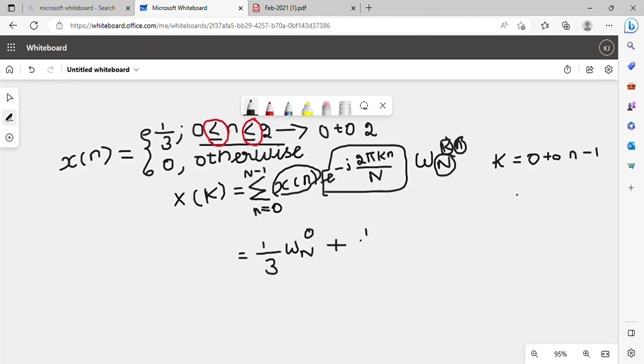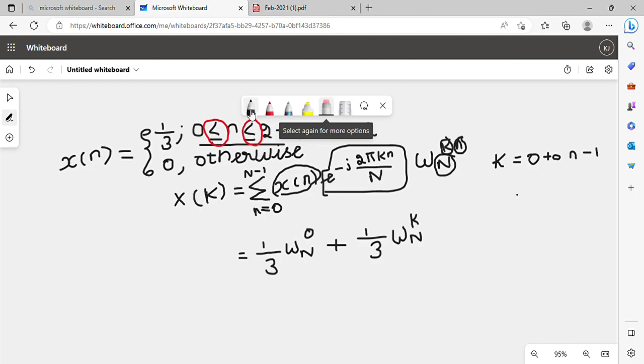And here it is 1 by 3, that is omega n to the power of, this one, which one? That is k. Here you need not substitute the values of k.